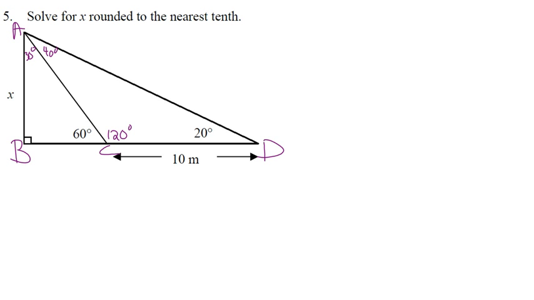So we're going to use sine law. I can't refer to it as angle A, because what's angle A? 30 degrees or 40 degrees? 70 degrees? No. There's angle BAC and there's angle BAD. That's how we have to refer to it. We can't use angle A; it has no meaning. So we're going to use angle CAD with side CD, and we're going to solve for side AC.